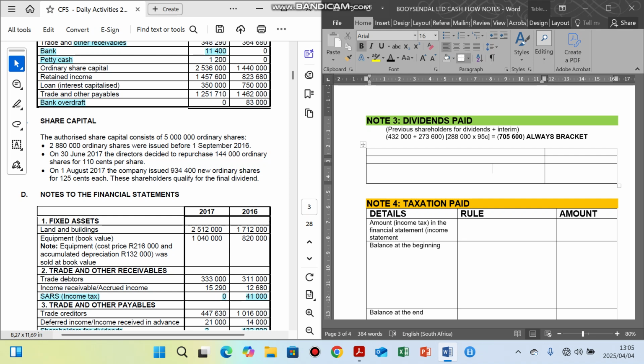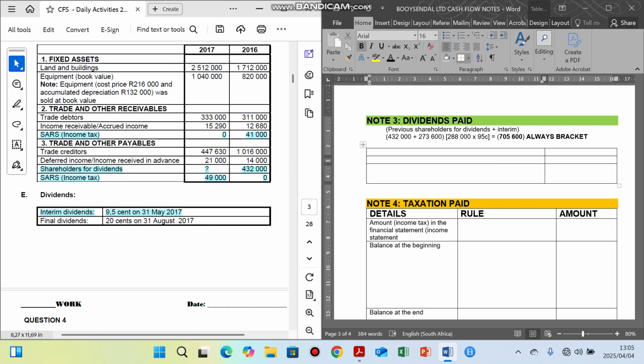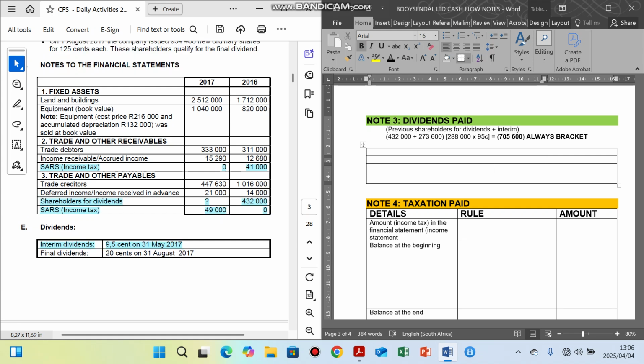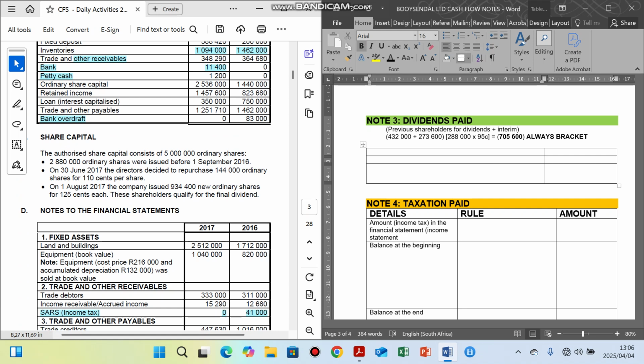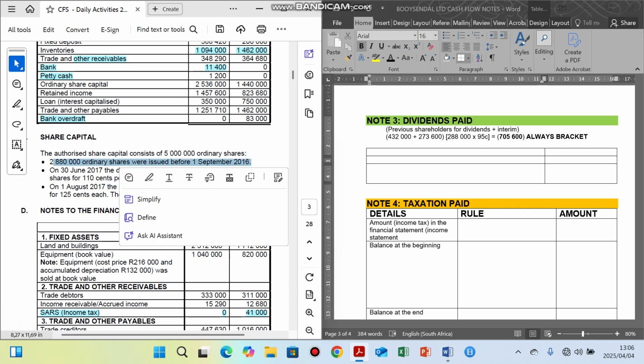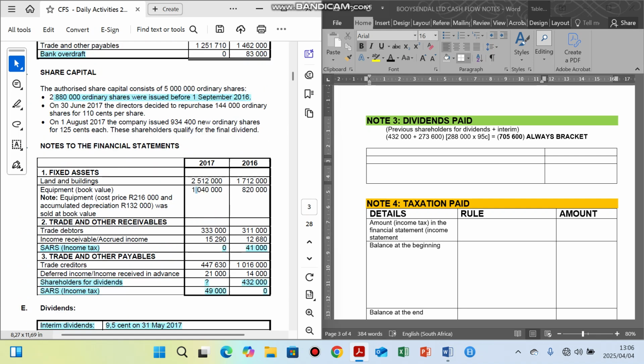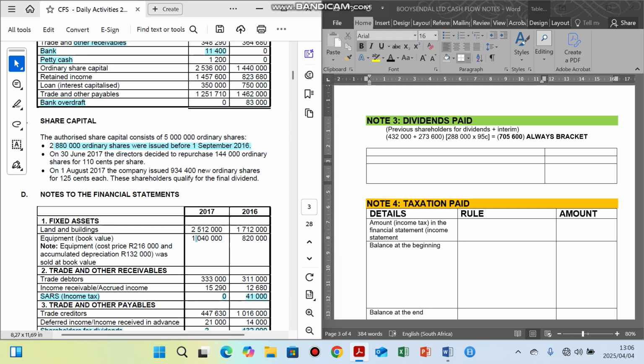Then the other ones we decided to buy back on the 30th of June. We bought 144,000, but we bought them after we paid the interim. So the interim is only going to be on the amount at the beginning of the year, because May and June, May comes first.